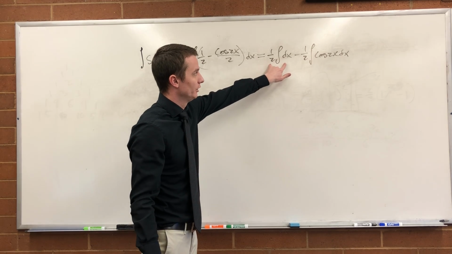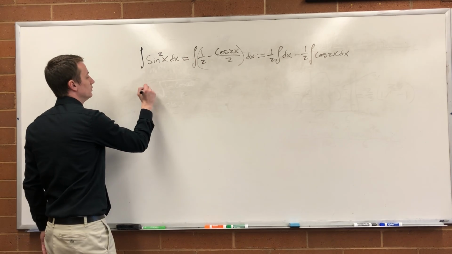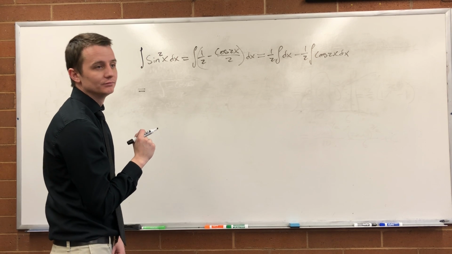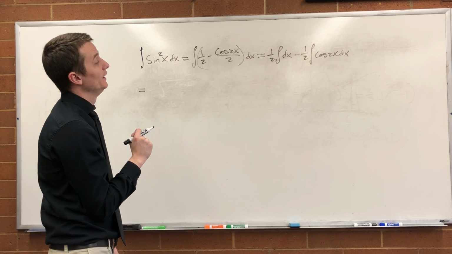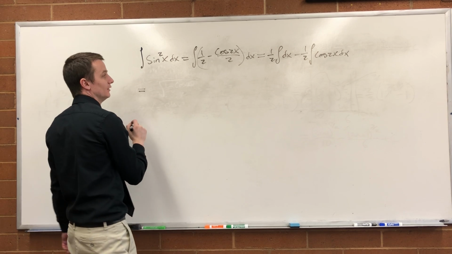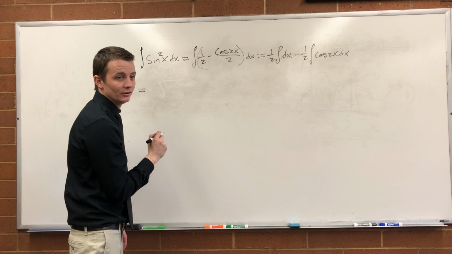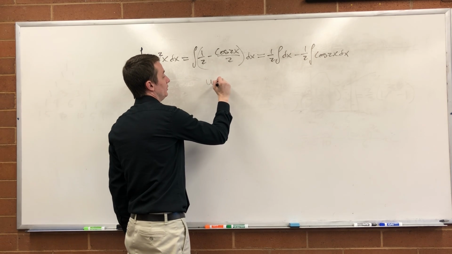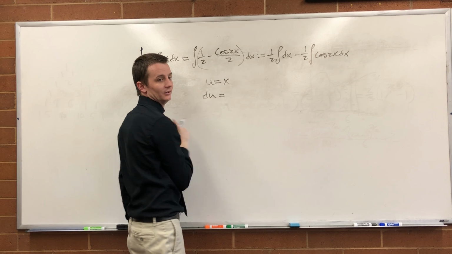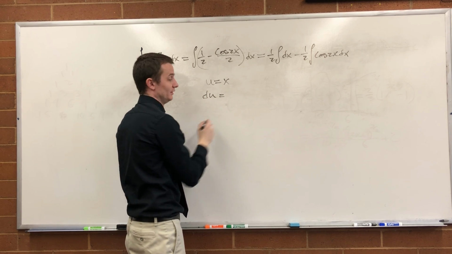So first off, let's do this one. What's that one equal to? Just 1/2? What is the integral of dx? 1/2 x. I'm confused. If u equals x, what does du equal? dx.